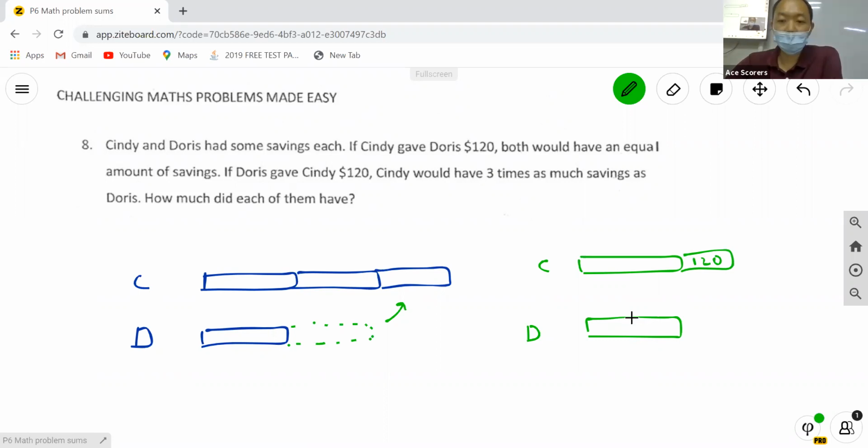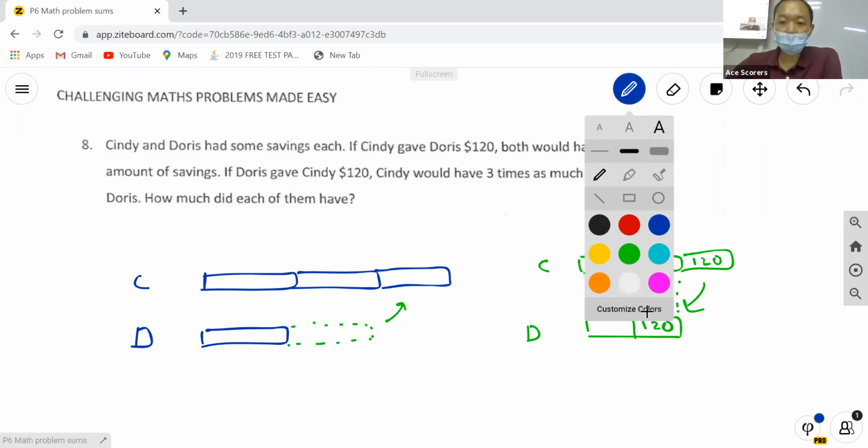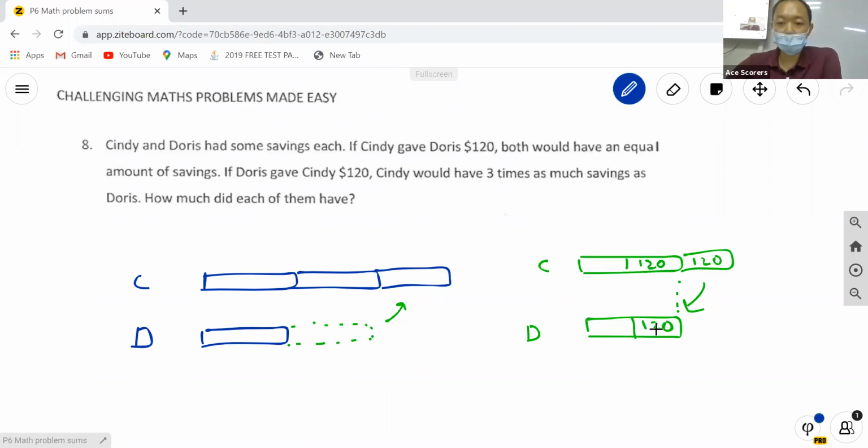And then gave to Doris 120. That means this is also 120. If this blue color was given, right, this 120 came down, then they will have the same amount.